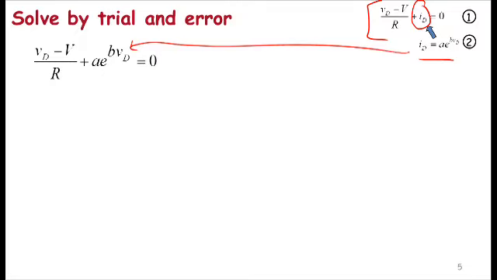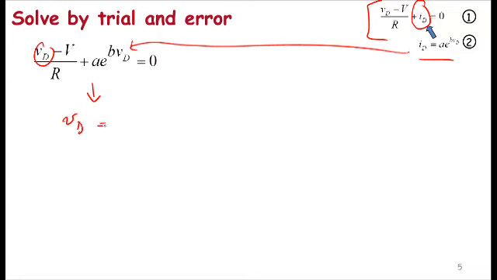Now, in order to solve it, let me reorganize this a little bit and bring VD to the left-hand side and clean up the stuff, multiplying the whole thing out by R. If I multiply the whole thing out by R and leave VD on the right-hand side, I end up with this.